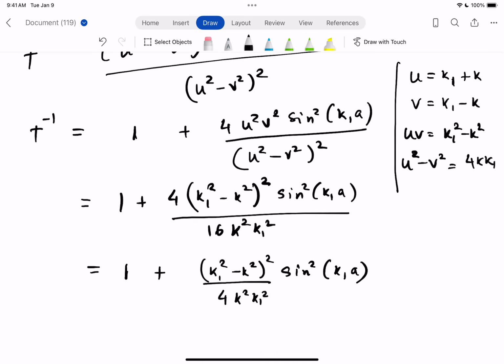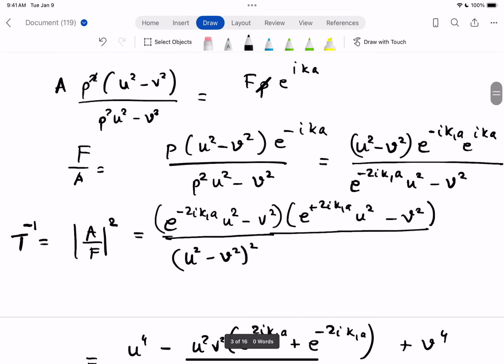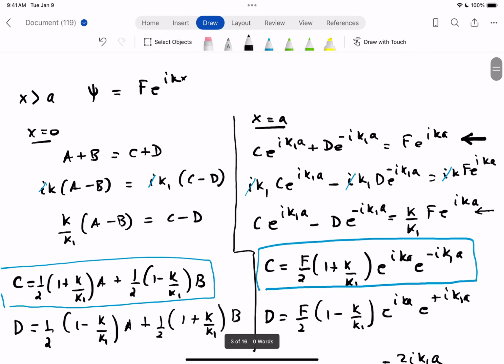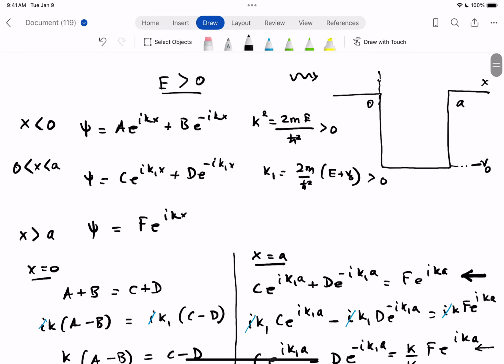Now we had introduced the variables k and k1, and so we want to get rid of those and express them in terms of the energies. So what was k? k was 2m e over h bar square. So let's just define 2m over h bar square as beta, for convenience.